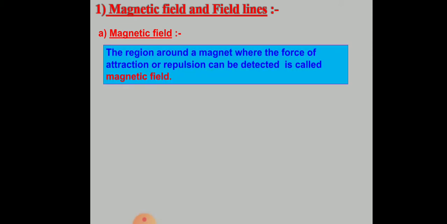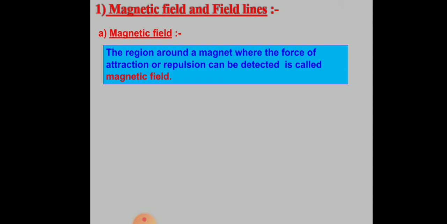So it is the region around the magnet within which its influence can be experienced. So we can define magnetic field as the region around the magnet where the force of attraction or repulsion can be detected.